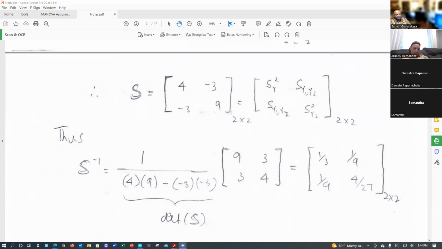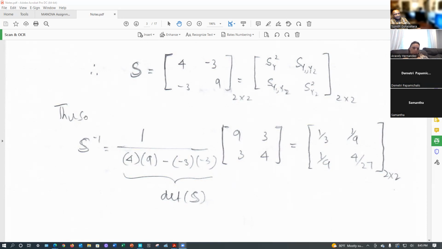That's the determinant, the size of the S. Times, in a 2 by 2 case, very easy: I switch these two and then drop the negative sign of the entries on the minor diagonal. It's a shortcut, but you don't have to do it by hand. If by any chance you have to do it by hand, you can use a shortcut like that, for your convenience.